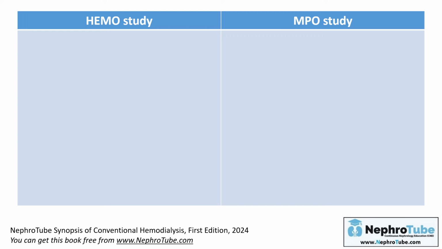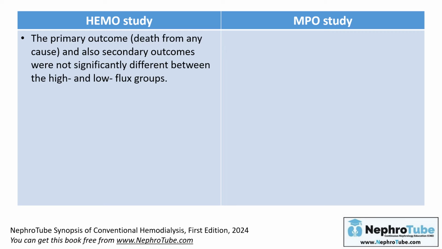The HEMO study, which is the effect of dialysis dose and membrane flux in maintenance hemodialysis, studied about 1,846 patients undergoing three-times-per-week dialysis, and they divided them into patients who would use high flux dialyzers and patients with low flux dialyzers, and patients with high dialysis dose and patients with standard dose.